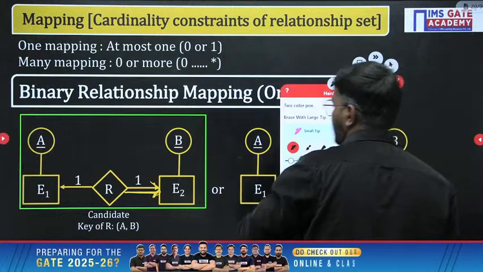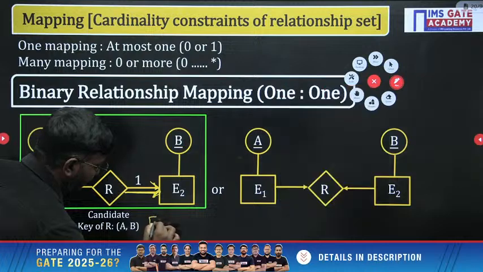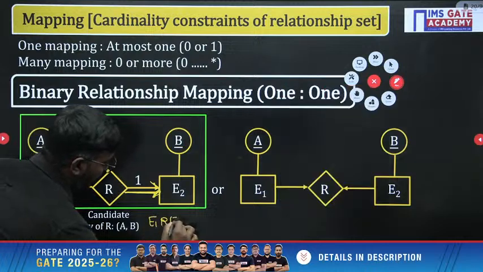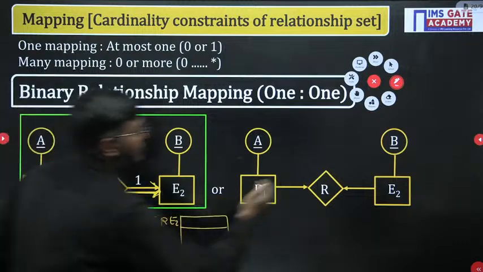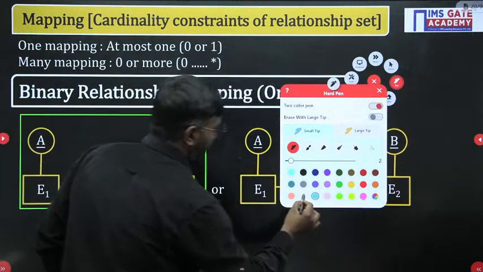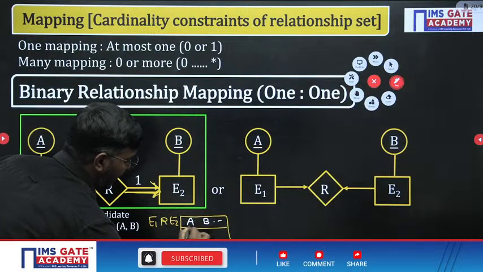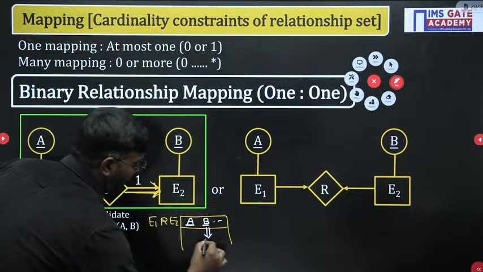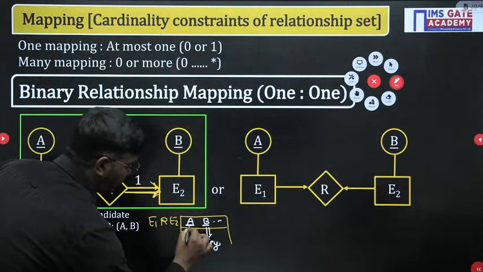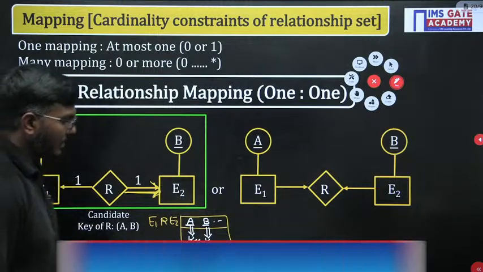Understood? So it means this E1, R and E2 will be merged into a single table, and the attributes will be A and B and so on. A and B both will be the key attributes. Getting my point?